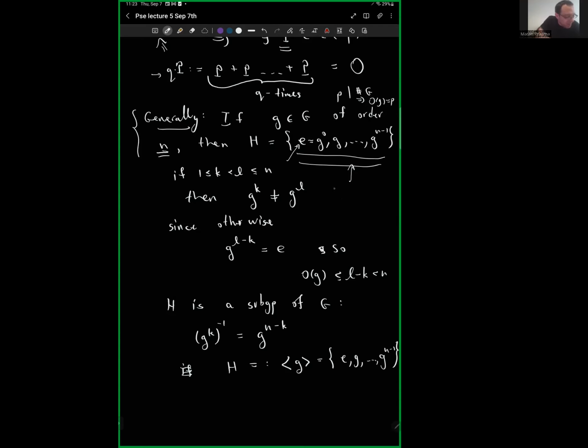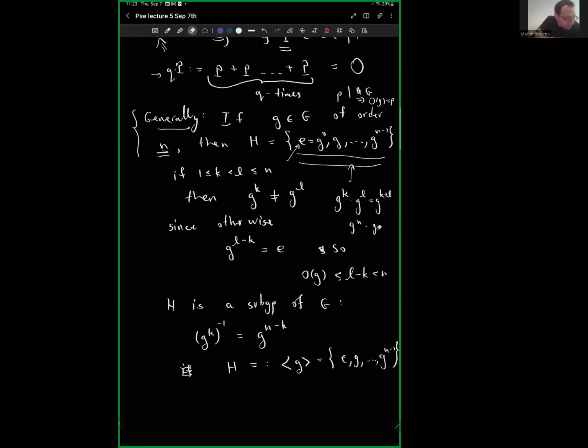If you multiply g^k and g^l, you get g^(k+l). Possibly k+l is bigger than n, but then g^(k+l) is going to be g^((k+l) mod n), right? It's g^n times something.